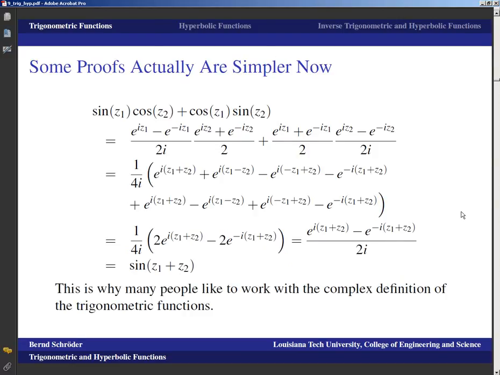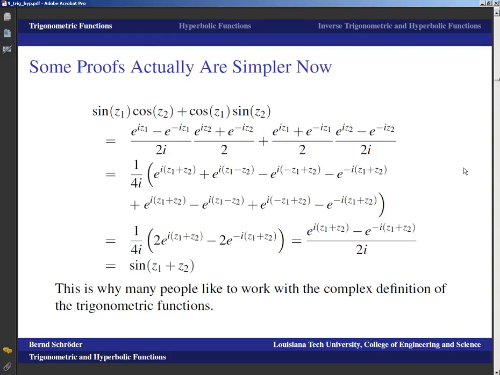And computations like these are in fact why many people like to work with the complex definitions of the trigonometric functions. Because if you have a really complicated trigonometric expression, it is often in fact easiest to replace all the sines and cosines with their exponentials.